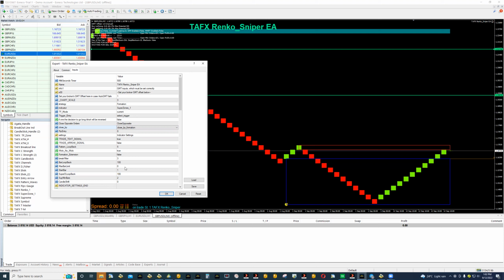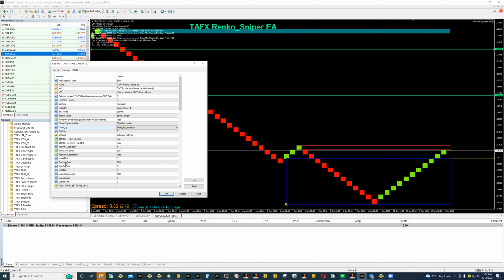Those are the important settings for you to understand. The most important settings are how to close by formation or close by signal and our start bar. Those are very, very important in strategy one to get clearly, because strategy one is as simple as that. So you can trade signal to signal or formation to formation.